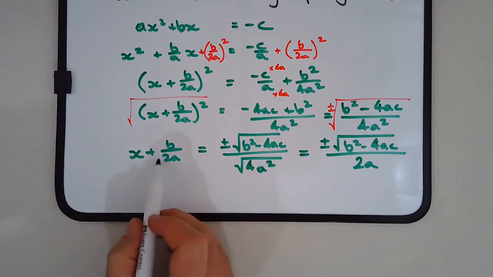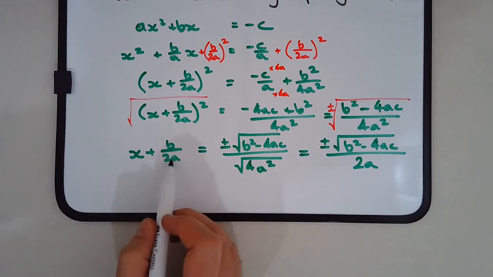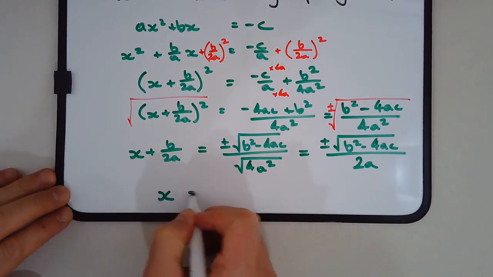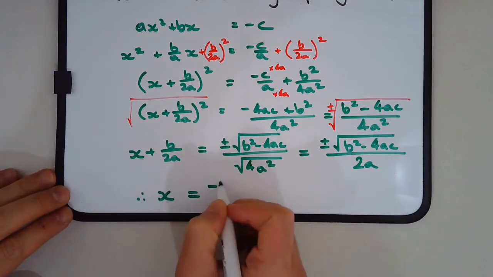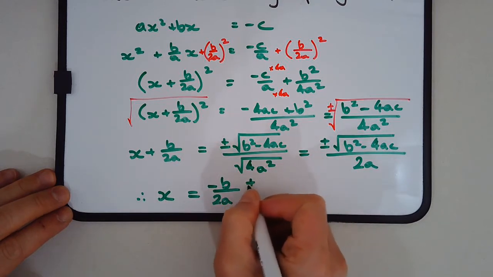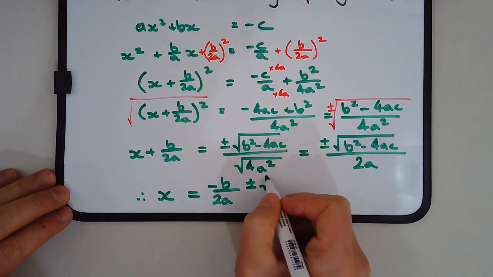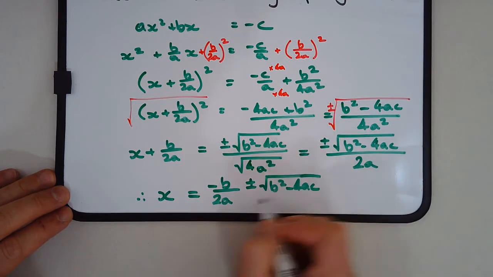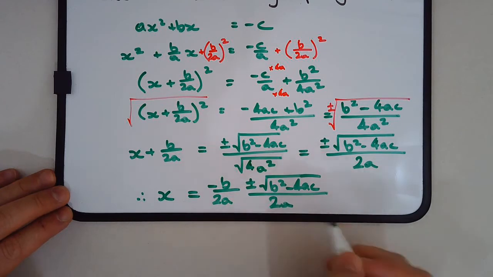Now the last thing we're going to do is move the b on 2a over to the other side. So x is equal to negative b on 2a, plus or minus the square root of b squared minus 4ac all over 2a.